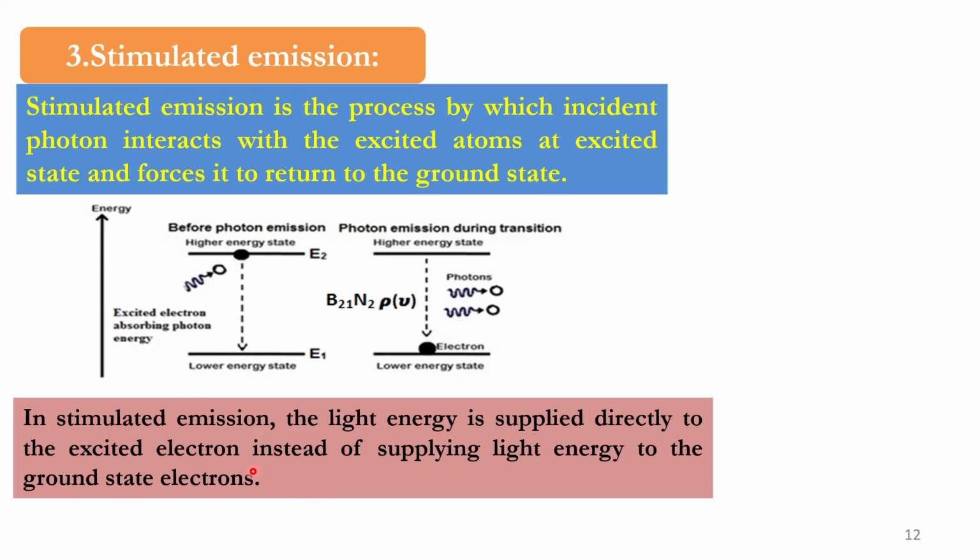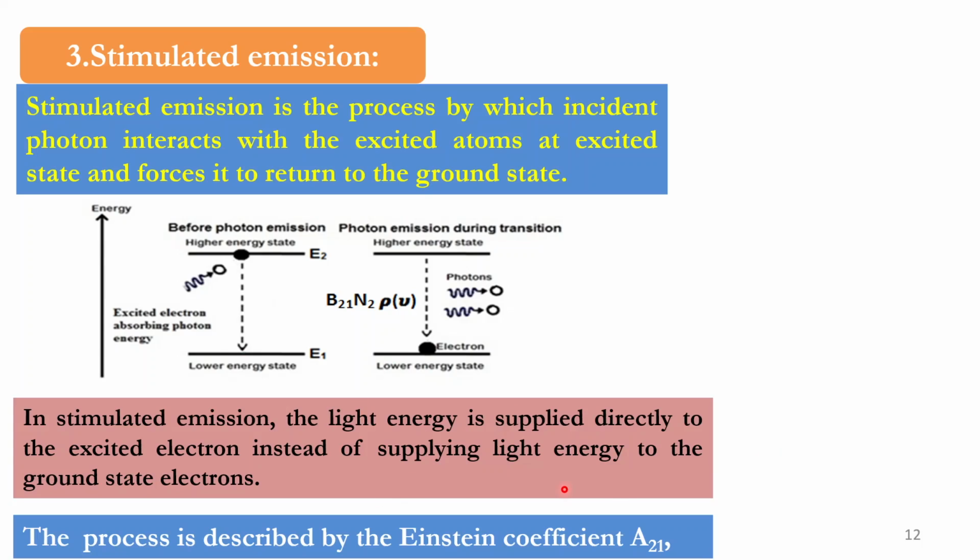So in stimulated emission, the light energy is supplied directly to the excited electron instead of supplying it to the ground state. This process is described by the Einstein coefficient B21.